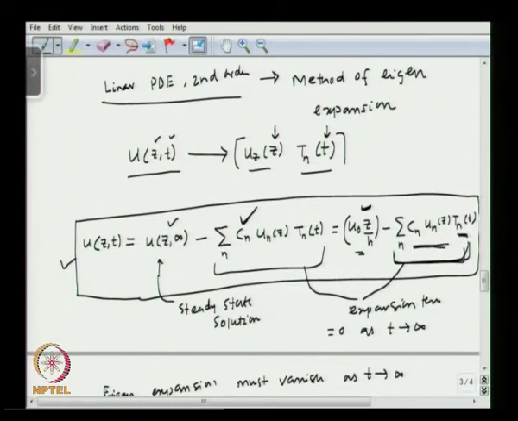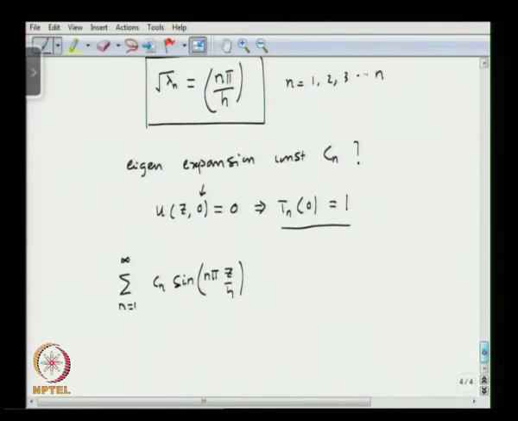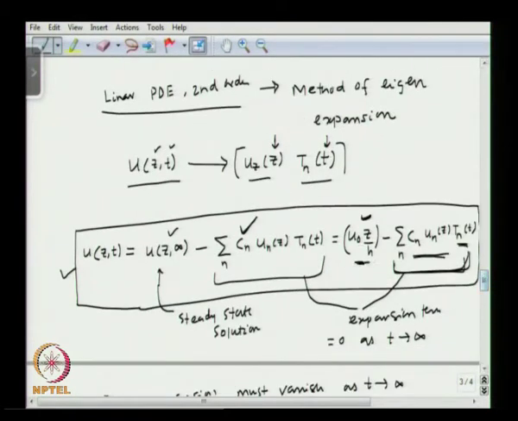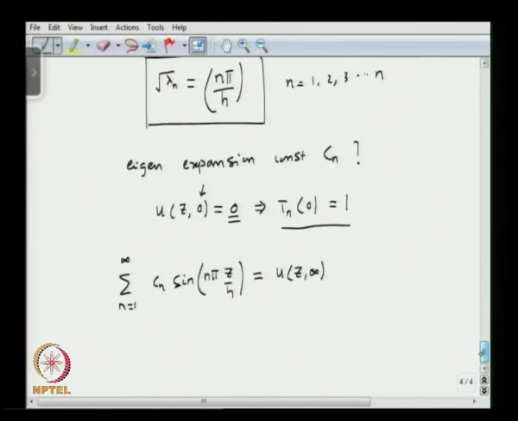So, we are talking about this term, n equal to 1 to infinity, which is nothing but u(z, infinity), because this is 0. If this is 0, you can take it to the other side of the equal sign. So, this is u(z, infinity), or u0 into z over h.